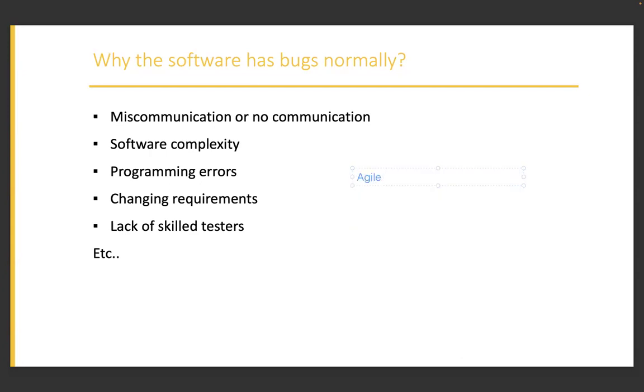Almost 90% of projects right now in every organization follow agile principles and manifestos. I'll talk about what agile principles and manifestos are, and it's very important for you to understand them.